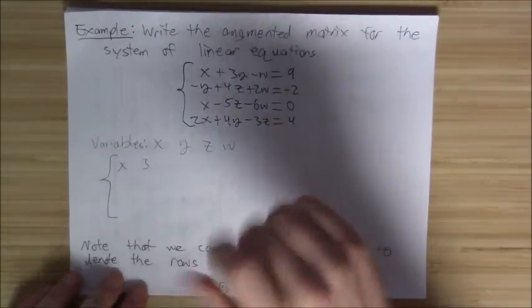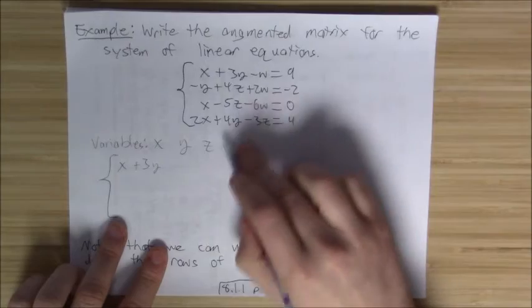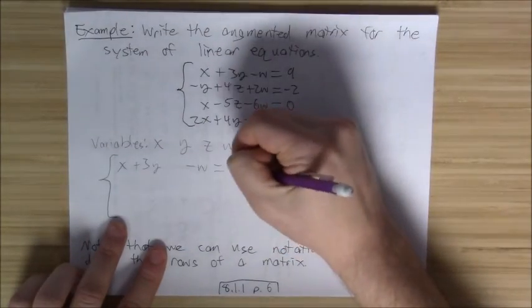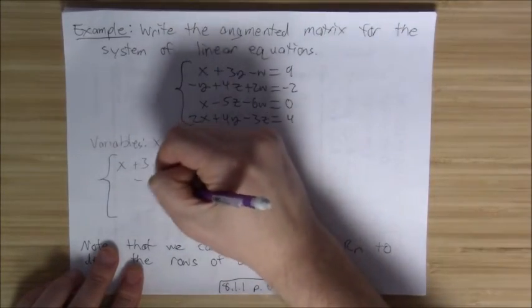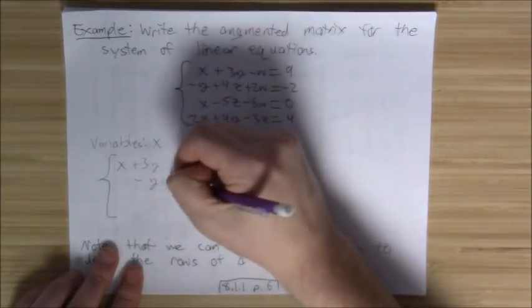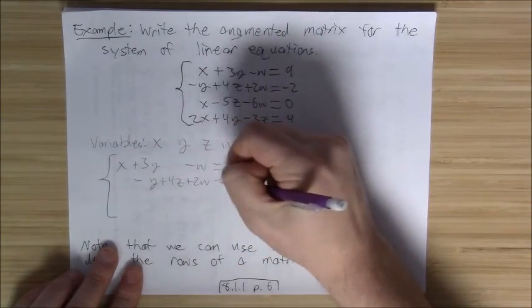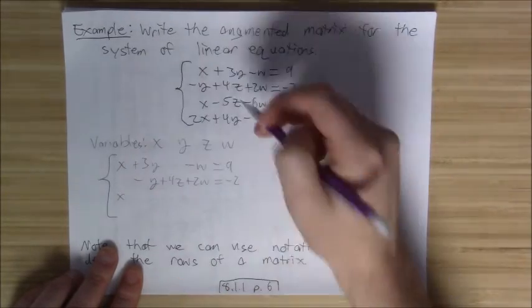So there's 0, that's plus 3y. There's no z, so we're going to leave a gap there. Minus w equals 9. No x, but there's a minus y plus a 4z plus a 2w, which is equal to -2. And then we have an x.